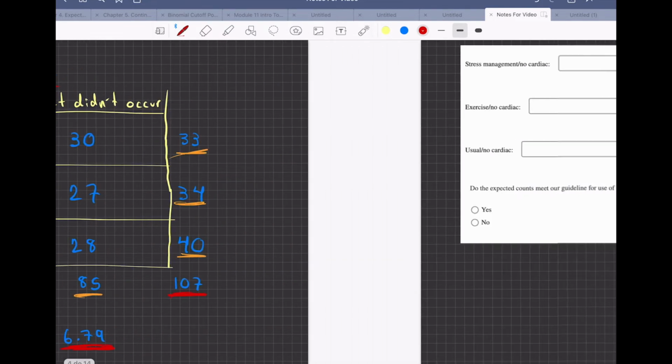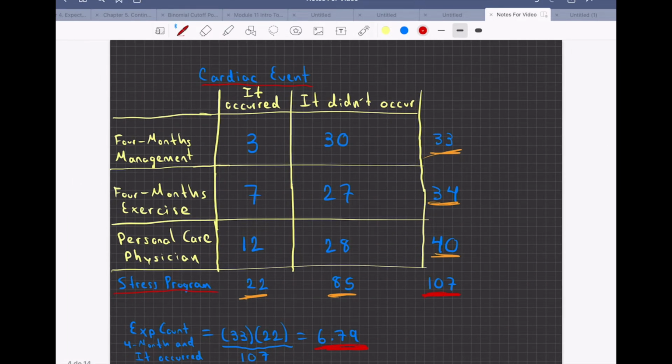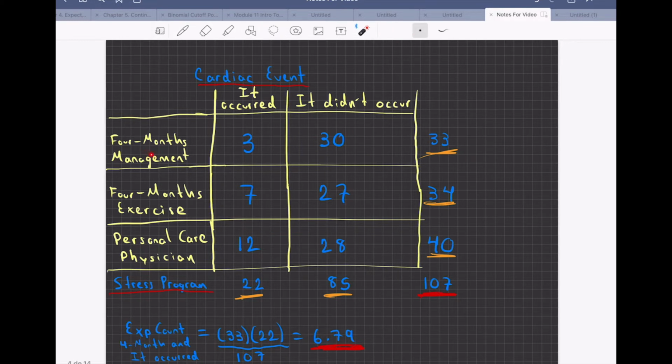For example, if you want to compute the expected count for 4 months, but it didn't occur, you will have to multiply what? The row, 33, times, but now we are in this column, 85, and divide by 107, and so on. So you will have to pay attention to where each number is according to the row and the column.